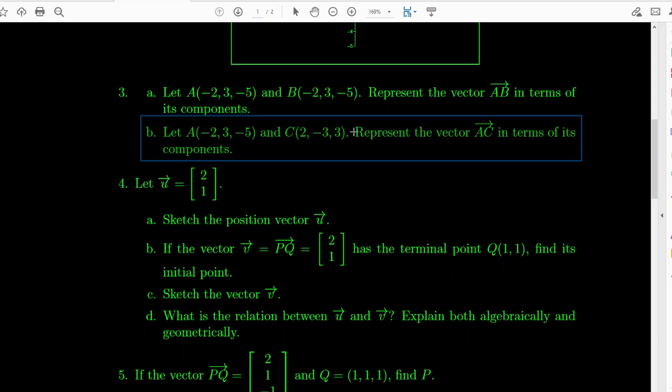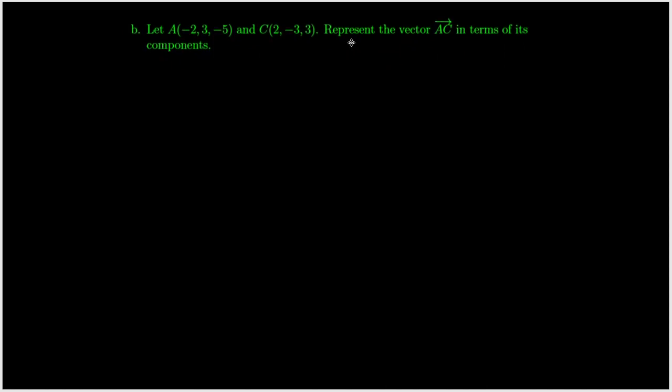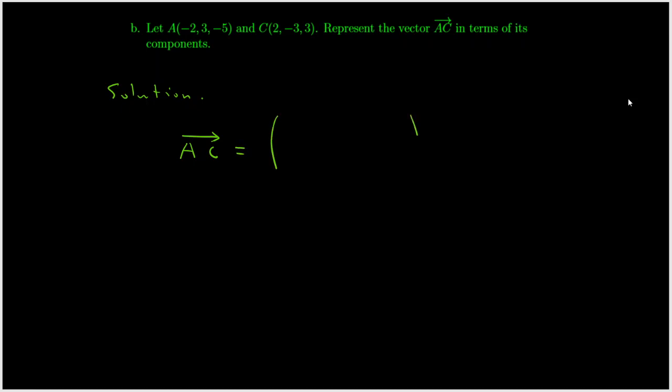The vector AC has initial point A and terminal point C. The question should be simple, right? The standard notation is AC with an arrow on top to indicate the vector with the initial point A and the terminal point C. Okay. And then you look at the formula.